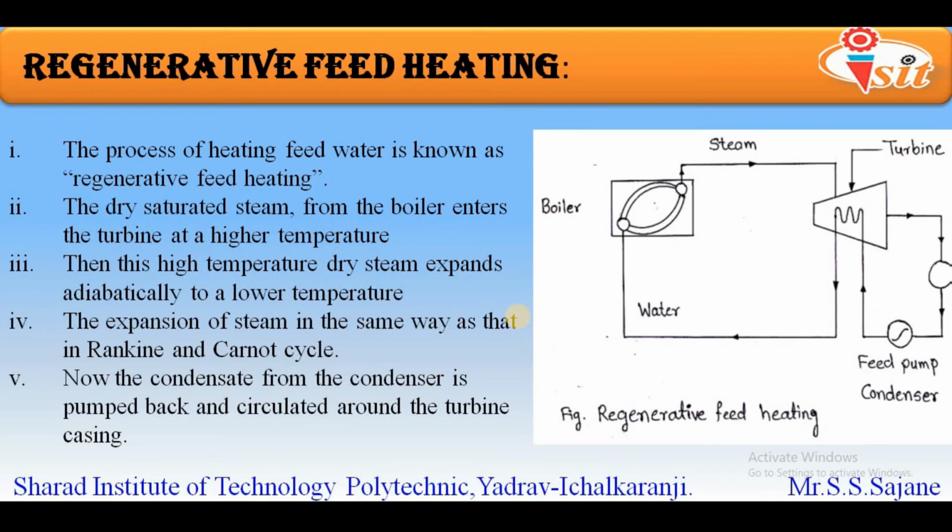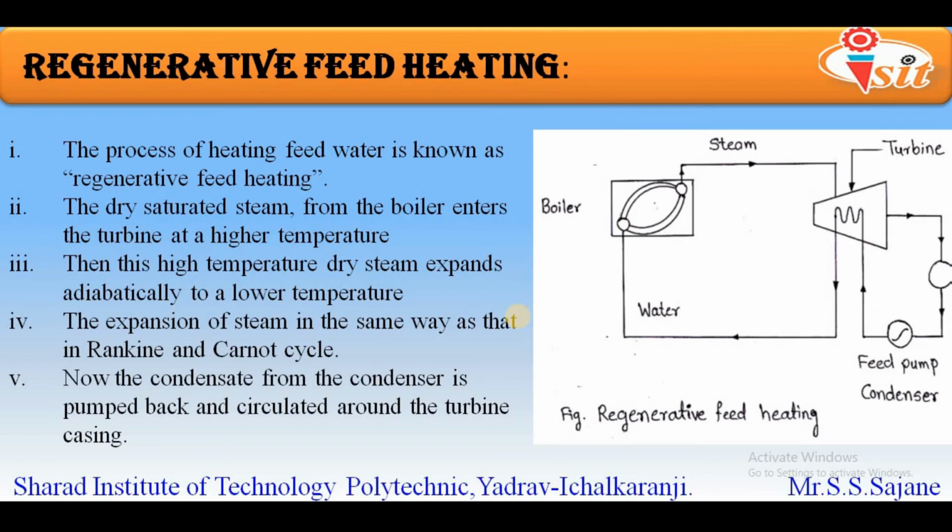In case of counter flow, we get the maximum heat transfer rate, and the same concept is used here. The superheated steam is going in one direction and the condensate is coming in the other direction, and as a result, maximum heat transfer is possible and thus hot feed water can be obtained. So this was the simple concept of regenerative feed heating.